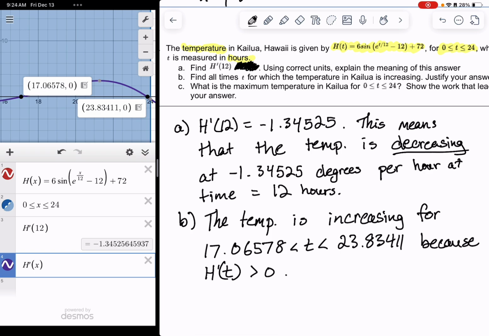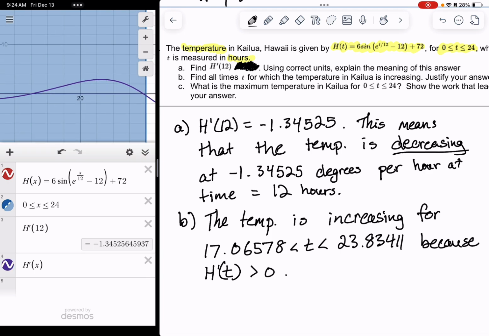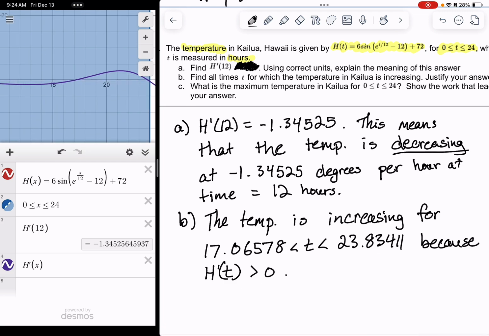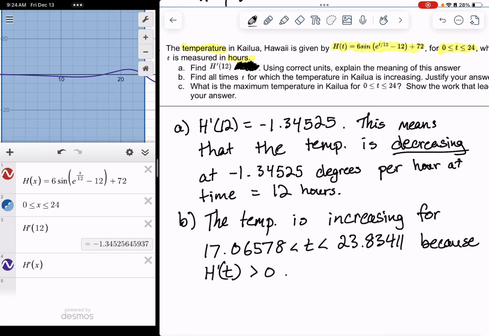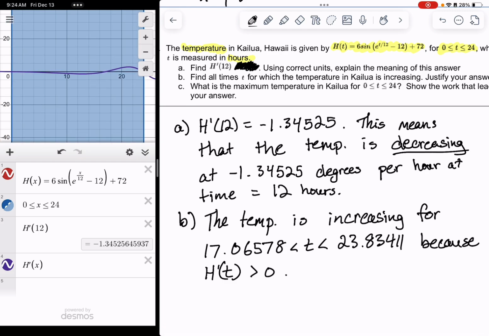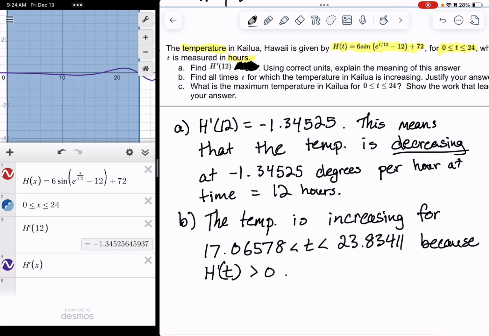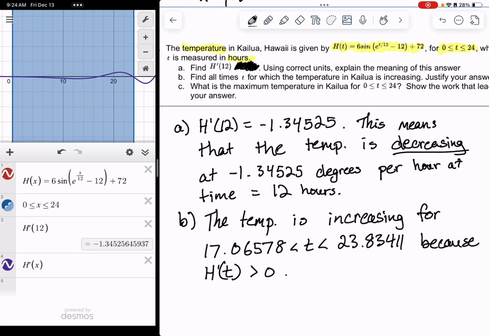All right, what is the maximum temperature in Kailua for 0 is less than t is less than 24? Okay, so what we're looking at when we try to find maximum, and let's kind of stay down here near the derivative, is we got to do a couple things. One, we got to check endpoints, because endpoints are where an absolute min or max could occur.